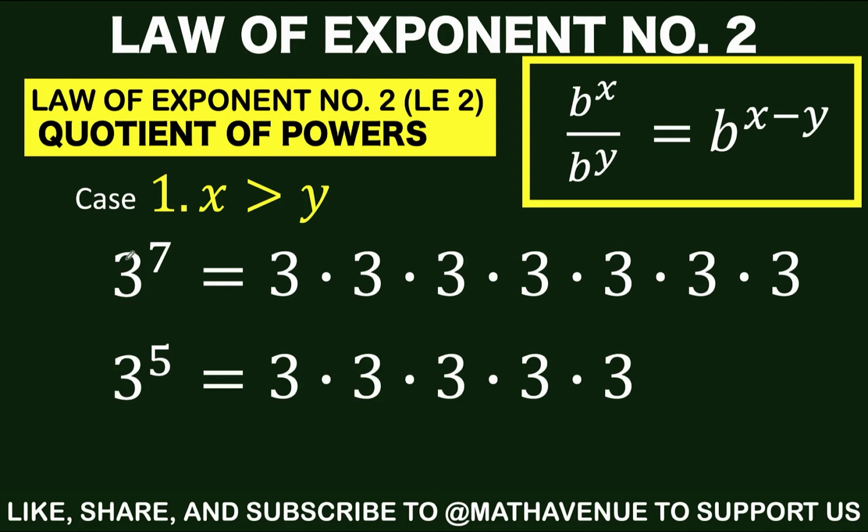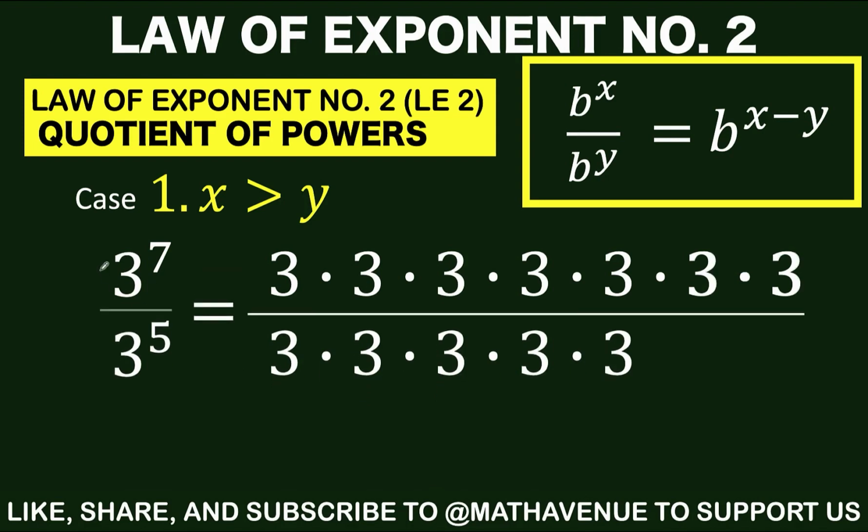When we have 3 to the 5th, let's do the expansion also, and that is the expansion. We have the same bases here. If we divide 3 to the 7th by 3 to the 5th, this is now what will happen. Notice that we have a 3 here and a 3 here that when divided will result to 1. And there are other pairs of factors, one in the numerator and the same factor in the denominator, that can be cancelled out because a number divided by itself is equal to 1.